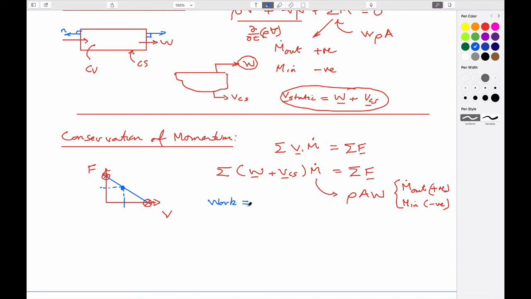So power, let's see, work is equal to force times displacement. Power is equal to force times displacement rate. In other words, the rate of displacing. And so power is equal to just the force times the velocity.